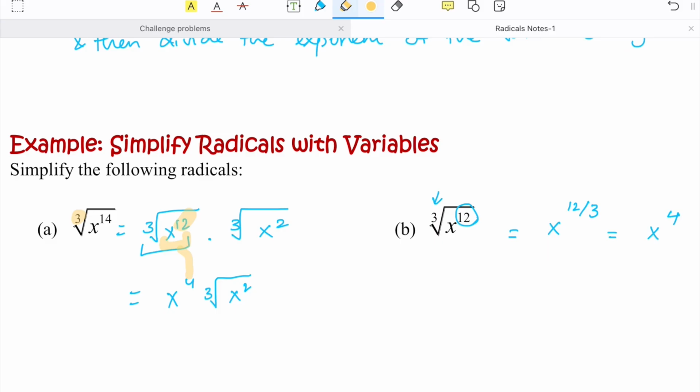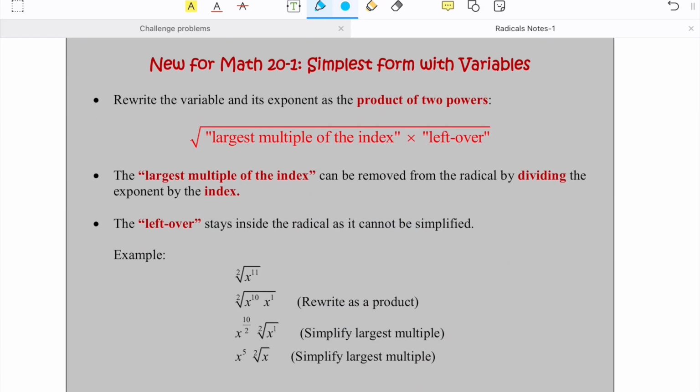And I left this as it is because 2 divided by 3 gives me a decimal. I don't want that. Okay? Because essentially, cube root is just the power of 1/3, right?